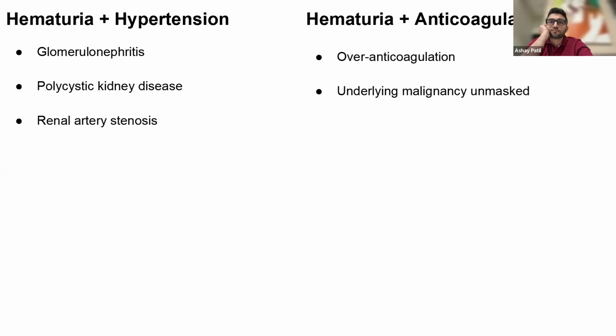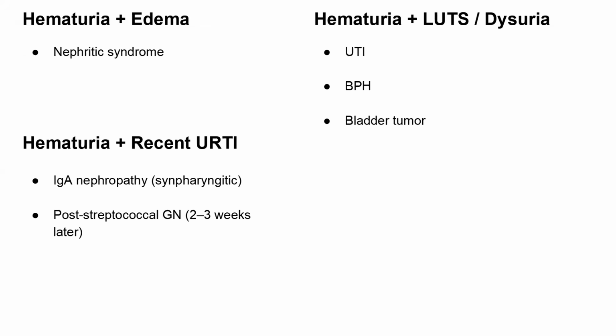Hematuria in a patient with anticoagulation, we have to be careful whether it is because of over-anticoagulation or there could be an underlying malignancy. Hematuria with edema in nephritic syndrome with recent URTI could indicate IgA nephropathy or post-streptococcal. That is differentiated on the basis of duration between the URTI and the hematuria.